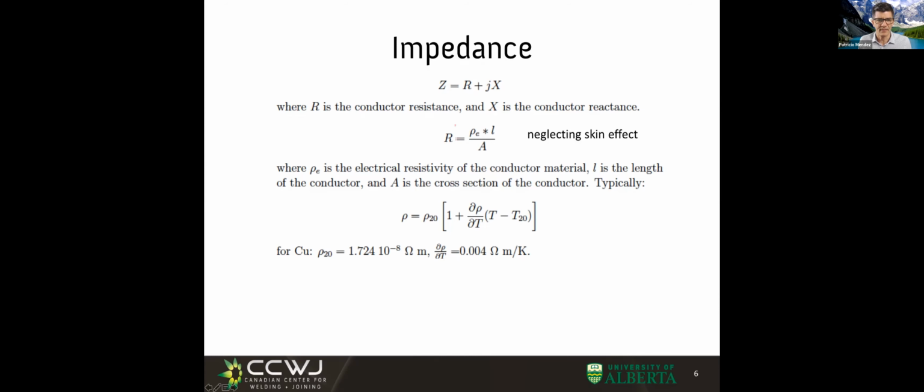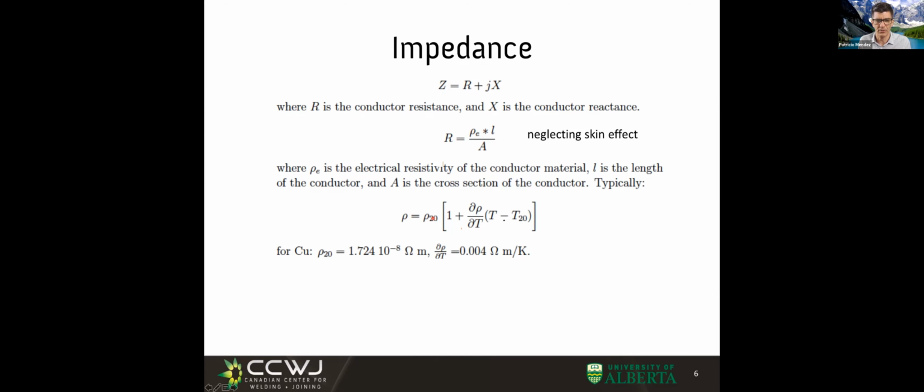So the resistance of the leads is the electrical resistivity times the length of the leads, the total length from the time the machine goes out to the time it comes back, right? Divided by the cross-sectional area of the conductor. The resistance of copper, you can calculate with this formula here.